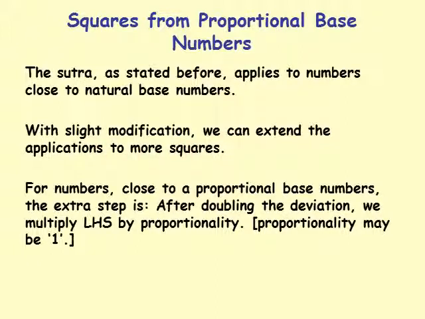For numbers close to a proportional base number, the extra step is, after doubling the deviation, we multiply the left hand side by the proportionality. This proportionality may be 1, which is what happens in the case of using natural base numbers.